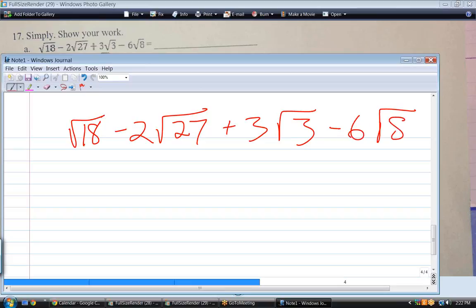Now, right off the get-go, I can't do anything here. I'm dealing with apples, oranges, pears, and peaches. But if I can simplify some of these radicals, I might be able to turn them into similar things. Can I simplify root 18?